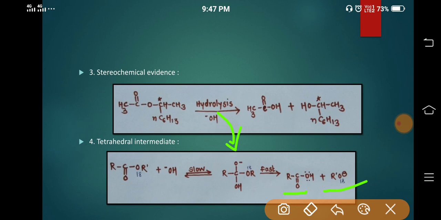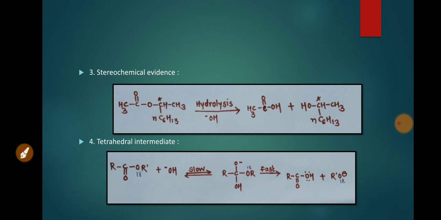The negative charge generated here can be stabilized by the removal of this alkoxide ion, due to the tetrahedral intermediate.